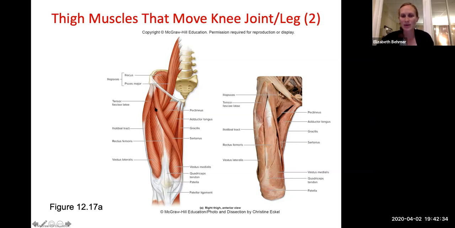From here, I want to point out the sartorius muscle as well. The sartorius muscle is the longest muscle in the body. It's kind of curved and shaped like an S here. So here's your sartorius muscle. And that is the answer to number 10. The longest muscle in the body is your sartorius muscle.